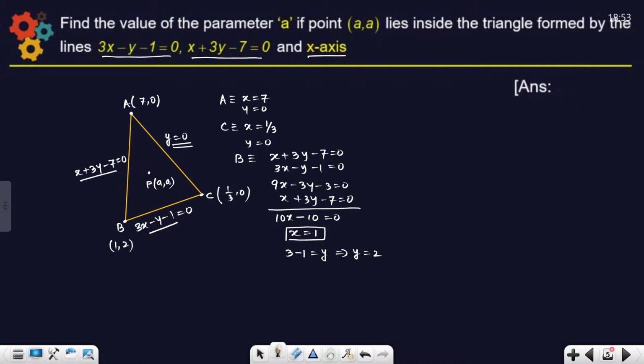Now, how we will show that this point P, which is (a, a), is lying inside the triangle? For this, first I will take the condition that the point (7, 0) and (a, a) are lying on the same side of this line.